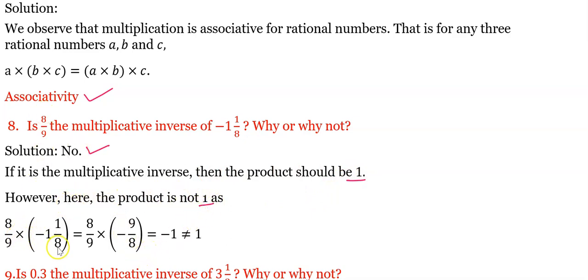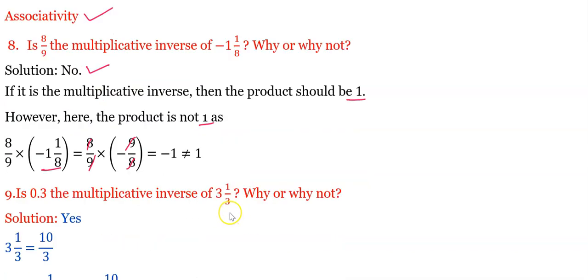If we simplify minus 1 and 1 by 8, that is 8 into minus 1, minus 8, and 1 is 8 into 1 is 8. 8 plus 1, 9. It's minus 9 by 8. If we multiply here, 9 and 9 get cancelled, 8 and 8 get cancelled, you will get minus 1, which is not equal to 1.